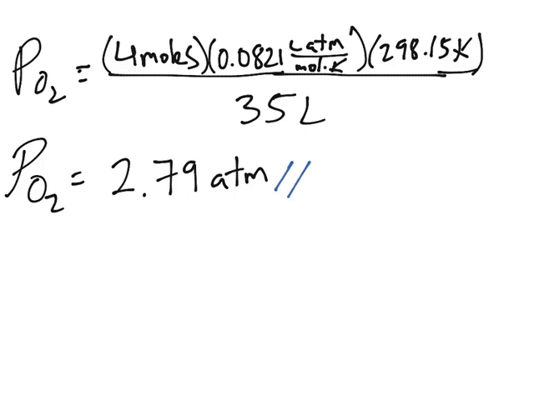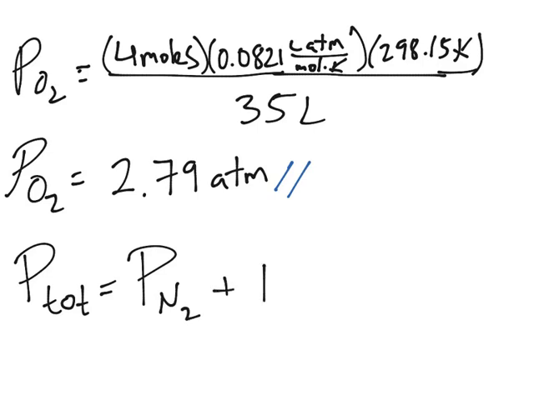So now we have both partial pressures. Dalton's law of partial pressures says that the total pressure would be the sum of each. So we have two gases, N2 and O2.